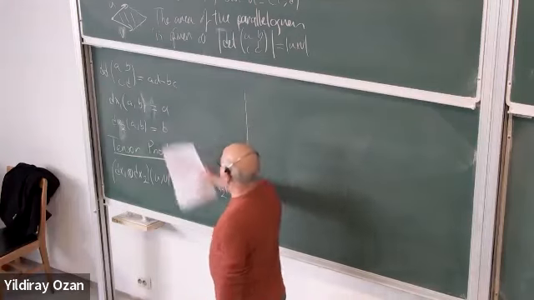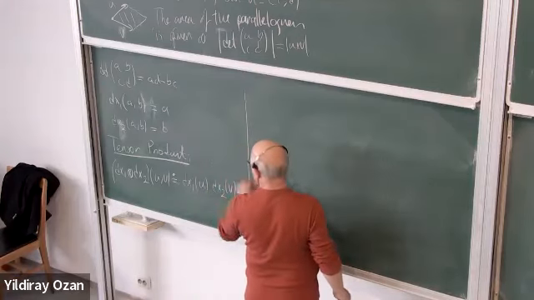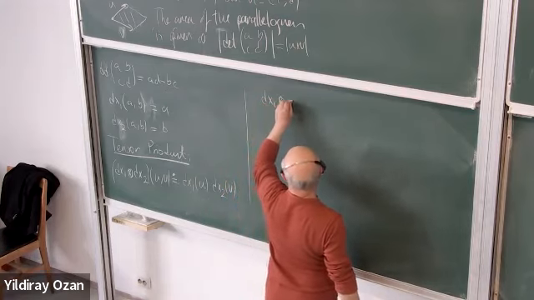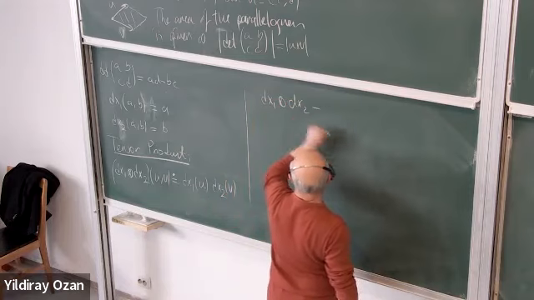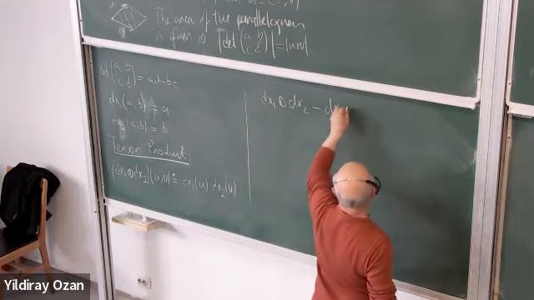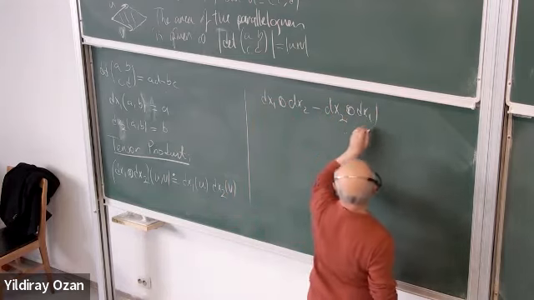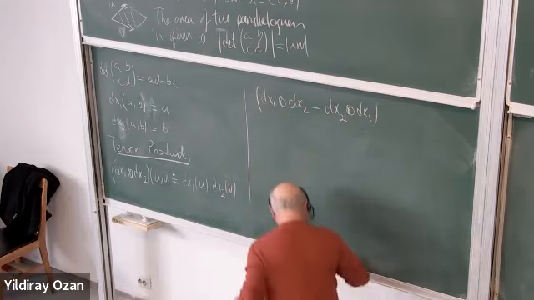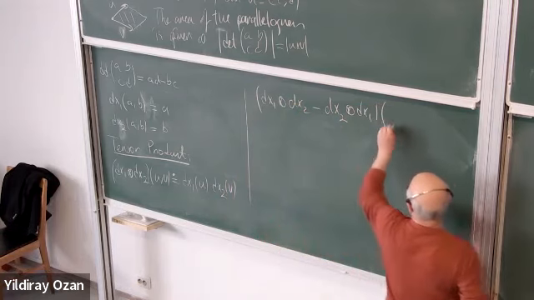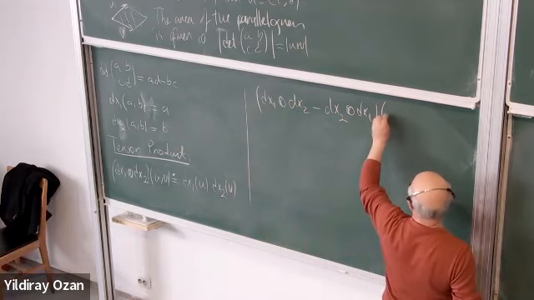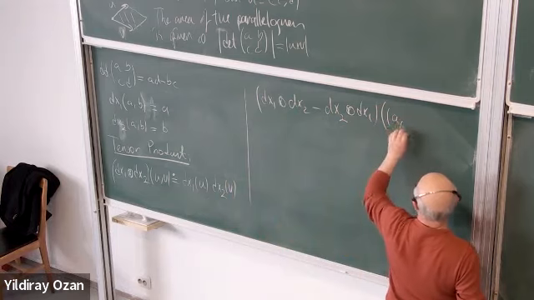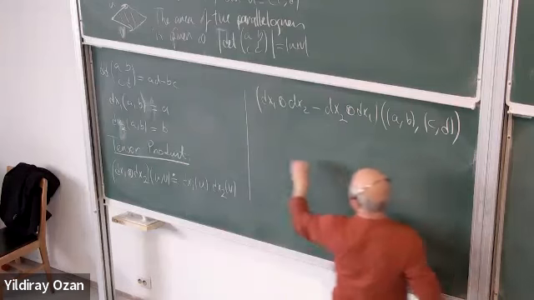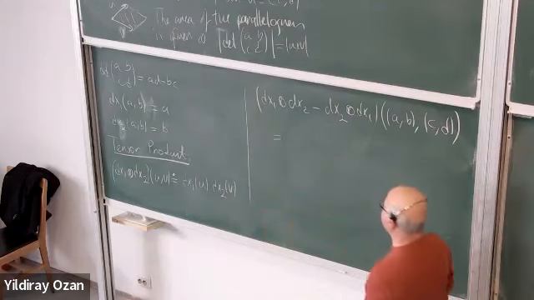What about this gadget? Consider the object dx1 tensor dx2 minus dx2 tensor dx1, evaluated on the vectors u and v. What is the result?